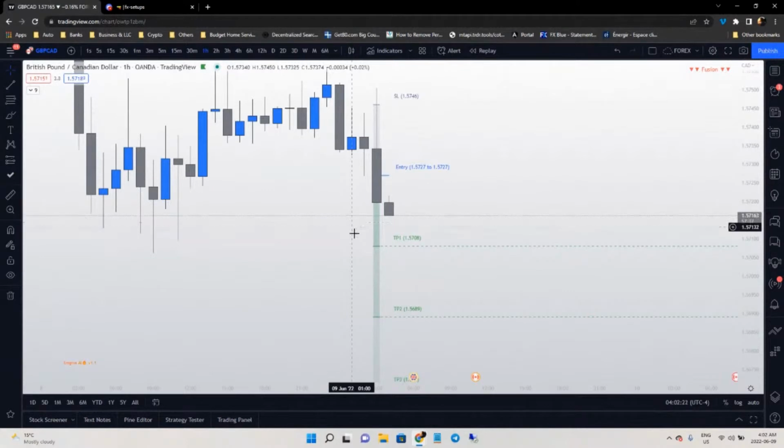That's really a perfect setup here. Perfect. So if you are a free member right now, I'm giving you a free setup here as a bonus.